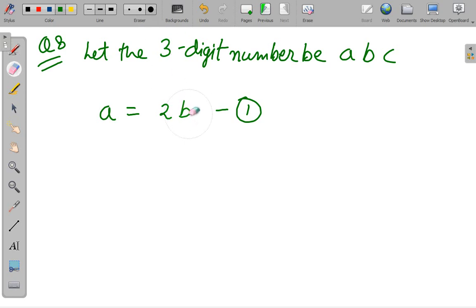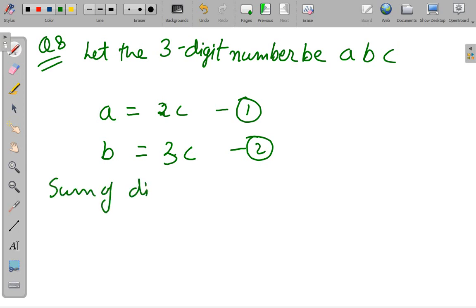Actually it is the units digit, so A will be twice C, and the tenth digit B is 3 times C. Okay, if the sum of the digits is 12, we have to find the number.